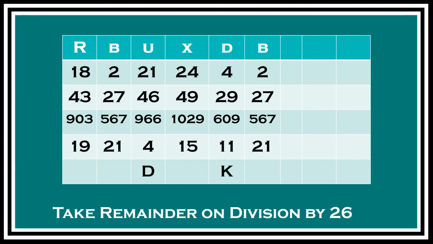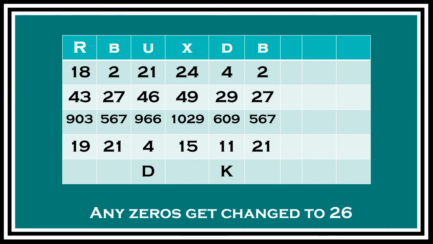So 903 has a remainder of 19 when we divide by 26. 567 has a remainder of 21 when we divide by 26, and so on and so on. Now here we have no zeros in that fourth row of numbers, but if there were any zeros, we would replace them with 26. And finally, we need to change those numbers in that fourth row to letters.